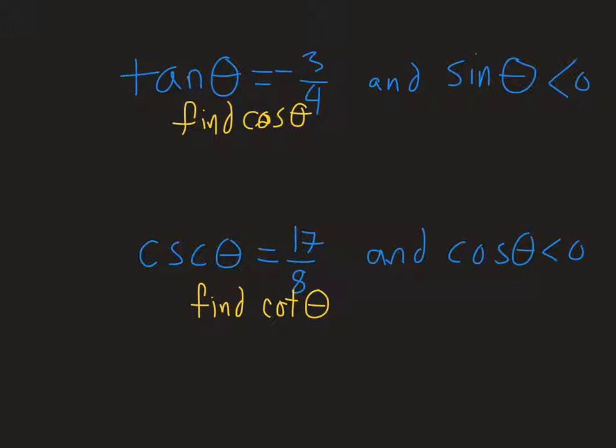Here we're given some information in terms of some trig stuff, and we've got to find some other trig values based on this. I'm going to start off with the inequality sides of this. By that I mean we're going to take a look at the first one. We've got sine of theta is less than 0. In other words, sine of theta is negative. I'd like to take a minute to think about our angles in a circle.